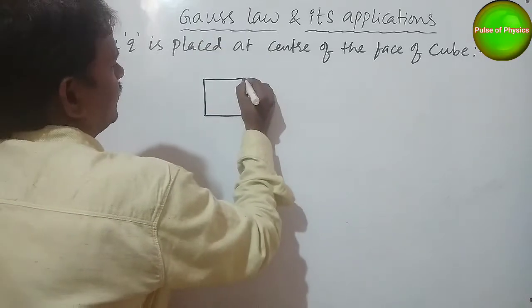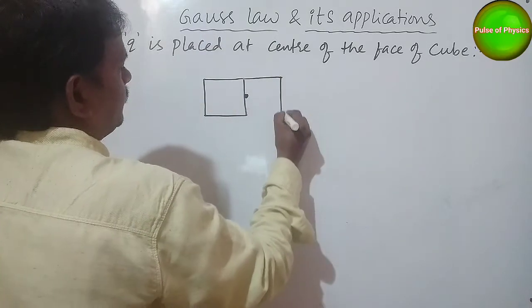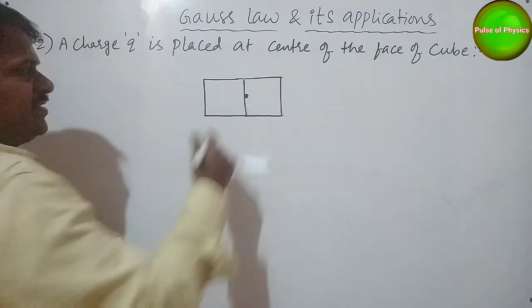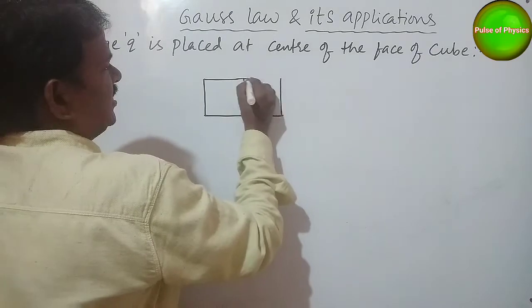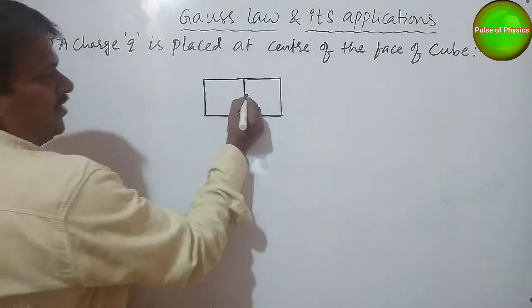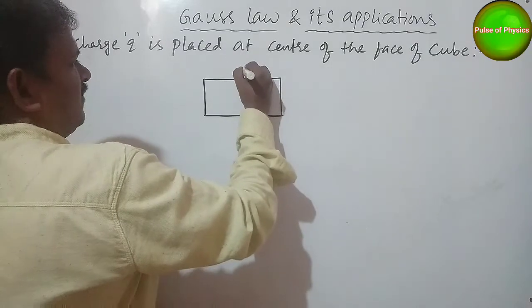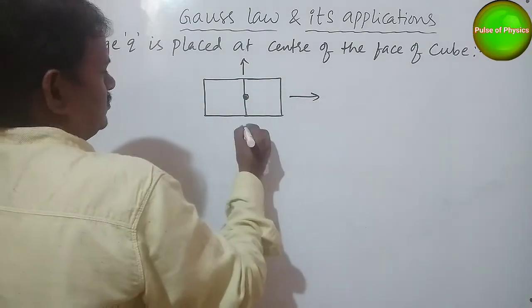Here a similar cube is placed. Then what happens? The charge is enclosed. In this case, how will the flux come out?